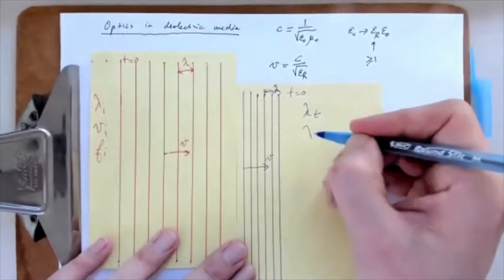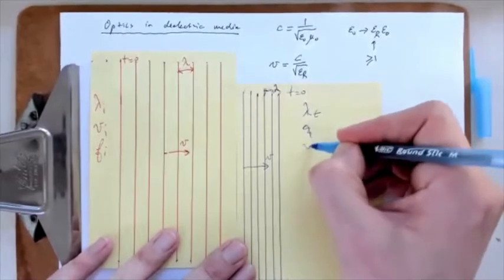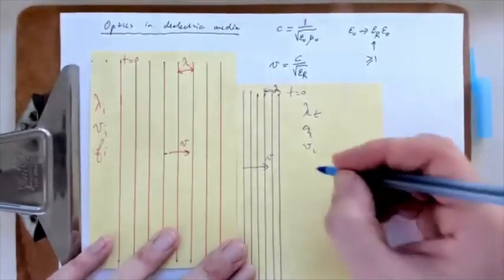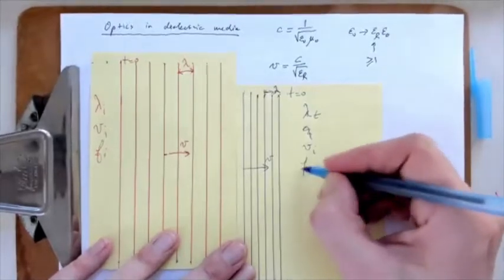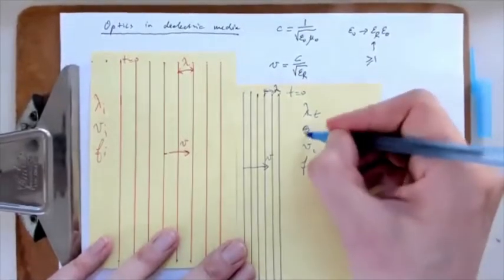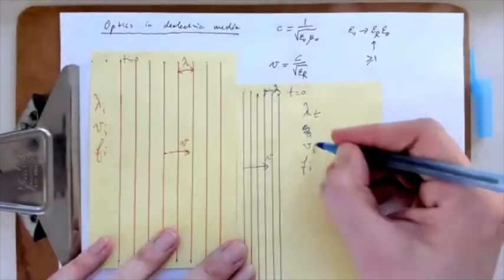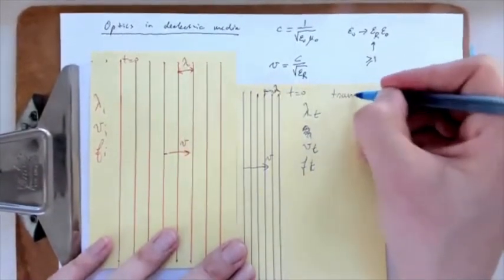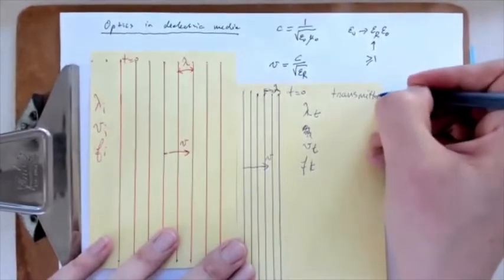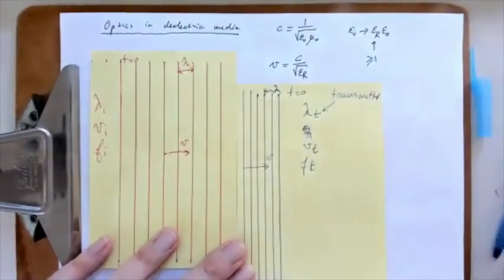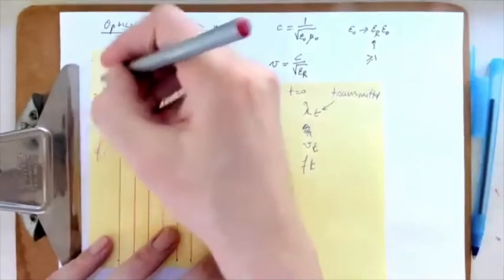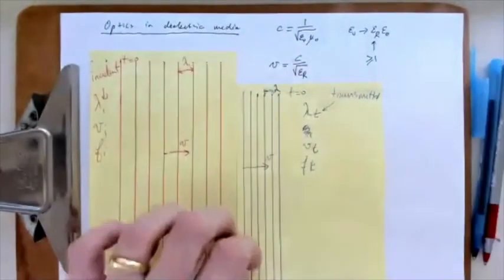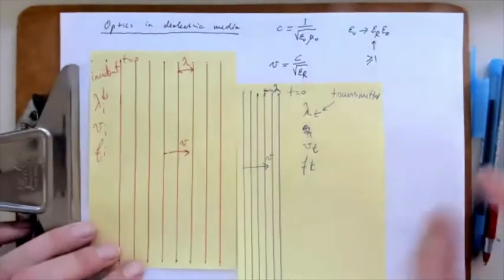Some people would use R for refracted, except we already use R for reflection, and it's confusing enough as it is. So T is transmitted, and this is incident. So incoming, outgoing.